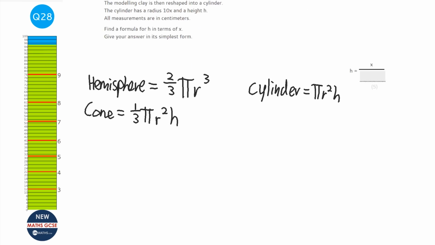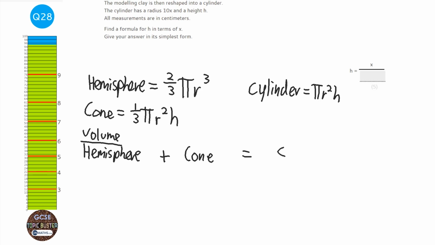Okay, so we know that hemisphere plus the cone volume, and I should write volume here, show the examiner that I'm working with volumes, equals the volume of the, C for cylinder. There we go.